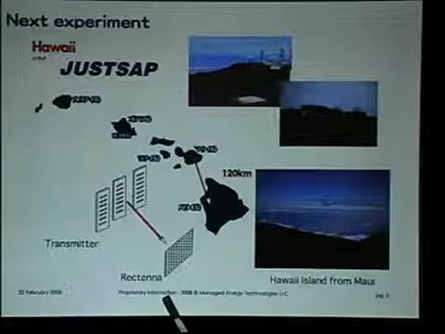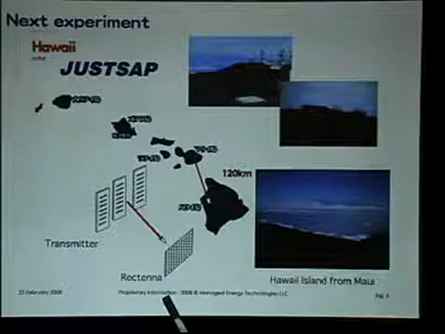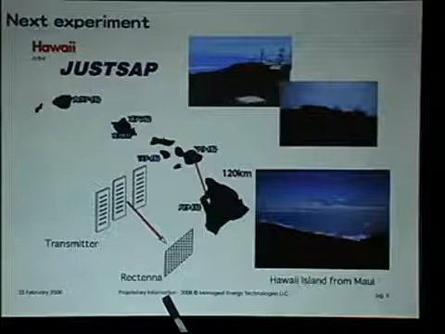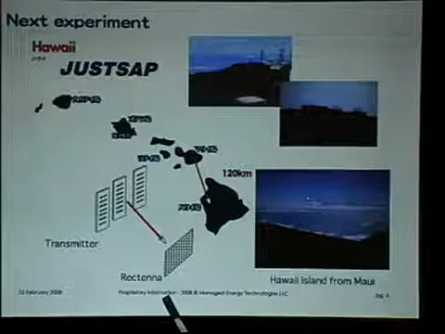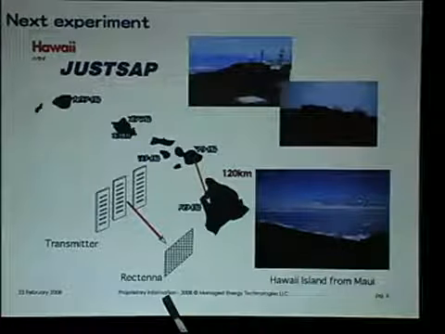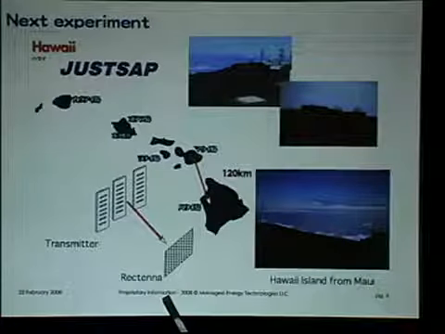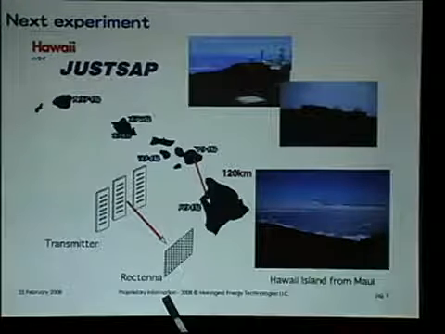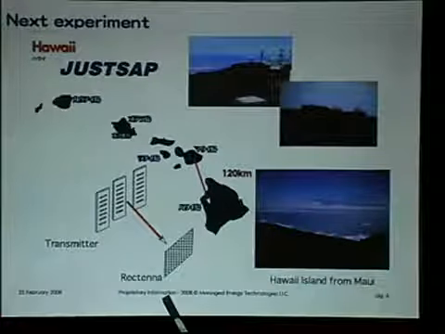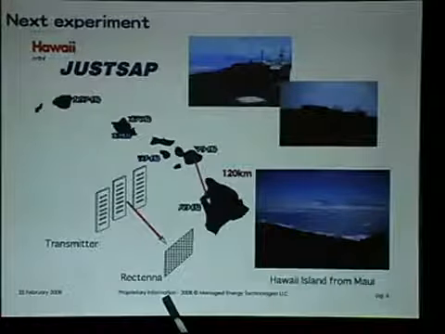You can see this picture shows the top of Haleakala, and you can see Mauna Kea, which is very famous for its telescopes. And this mountain is Mauna Loa. We tried to send microwaves from Mauna Loa to Haleakala.